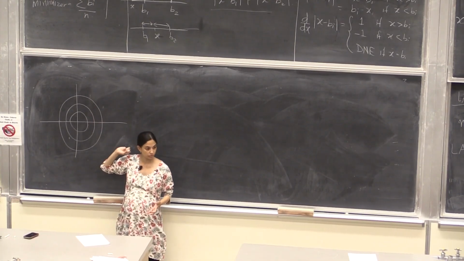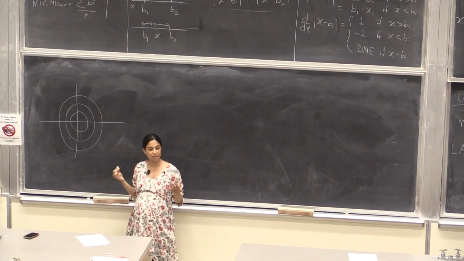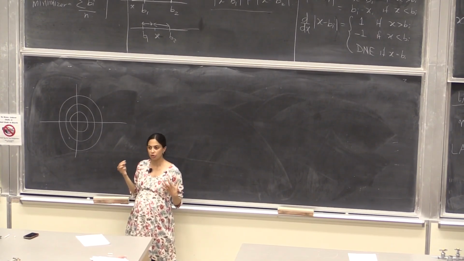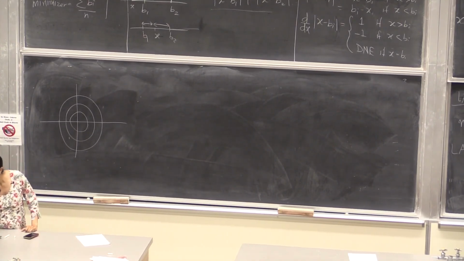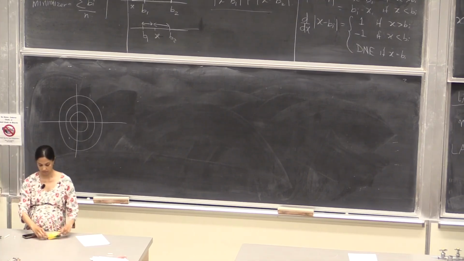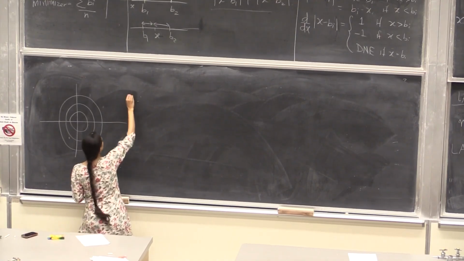And now if I'm looking at minimizing ax minus b, what do the level sets of ax minus b look like? Let's say I have my optimal solution somewhere here.